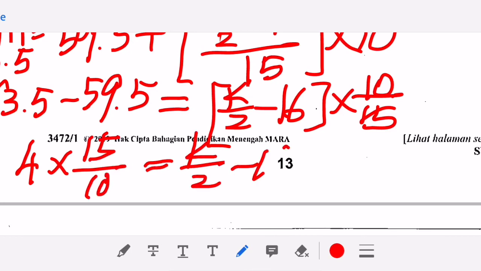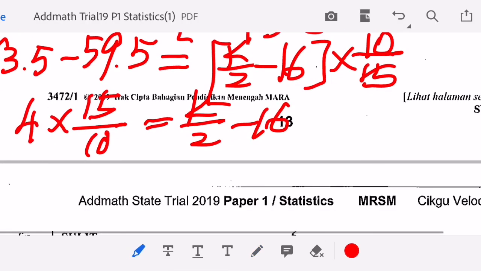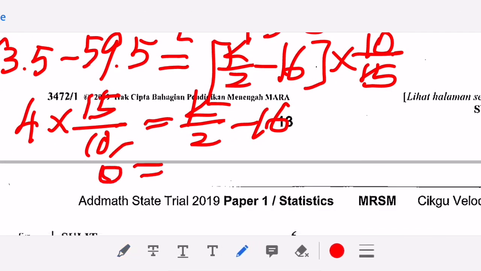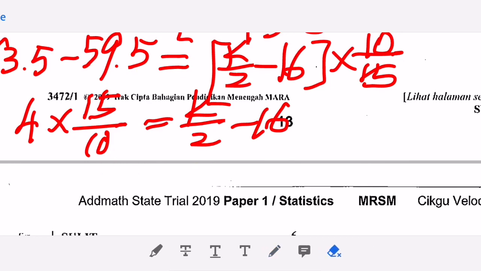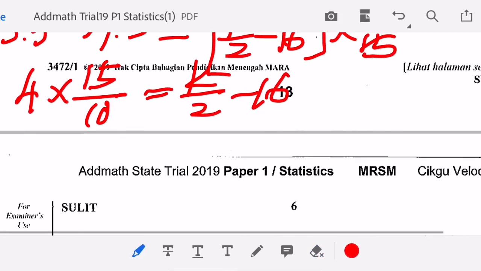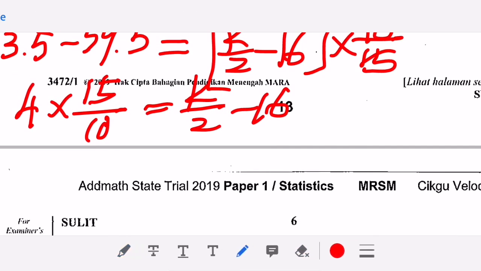Then you simplify. 4 times 15 is 60, 60 divided by 10 is 6. So you write down 6 equals K over 2 minus 16. After that, you add and then times 2 to get the answer.